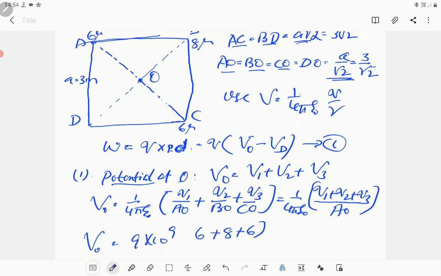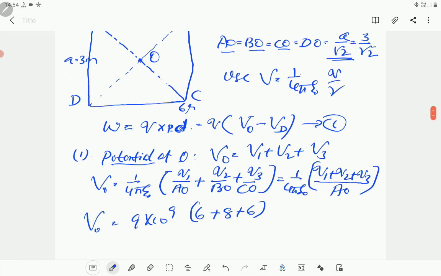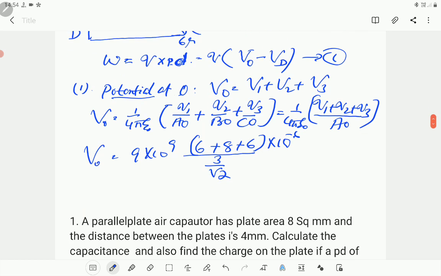They are micro, so you take that micro, which is 10 power minus 6, outside. Outside you write like this. What is AO? AO is 3 by root 2. So the final calculation part is as follows.